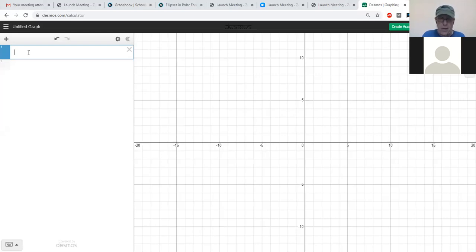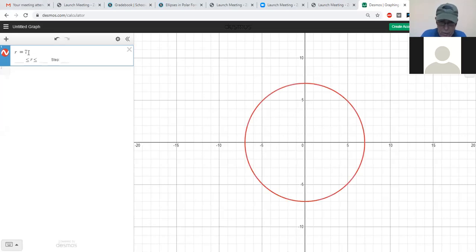Yes. Okay, so we're going to enter a polar equation, the equation of an ellipse in polar form. We start writing r equals a fraction. Actually, let me go back a step.